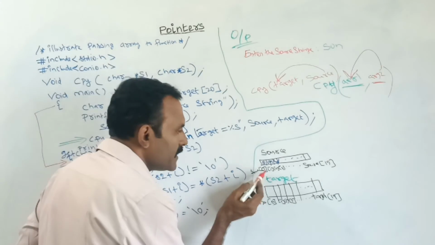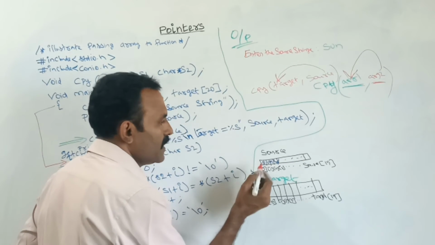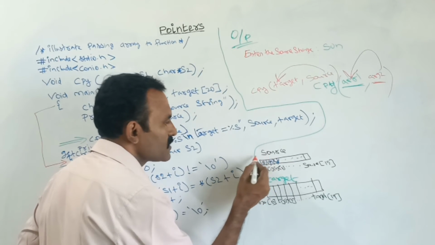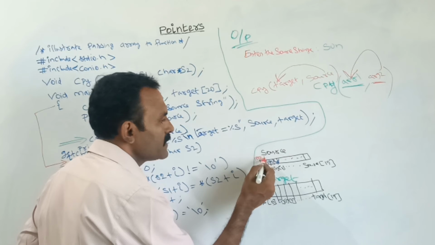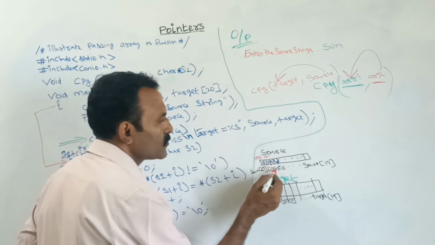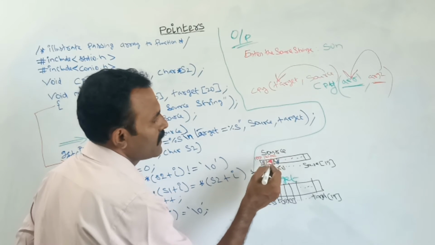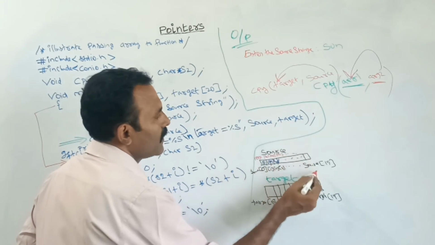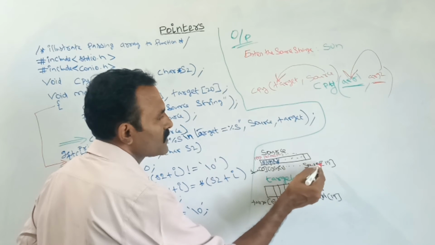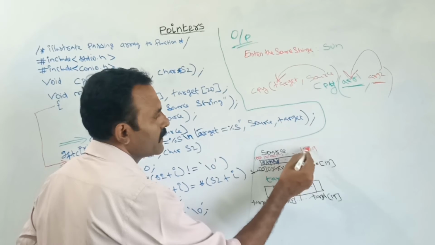Each and every location has a unique address. Let us assume this source variable starts from 1000. The source of first location is 1001, source of second location is 1002, source of third location is 1003, etc., up to the last byte, source of 19th location, whose address is 1019.